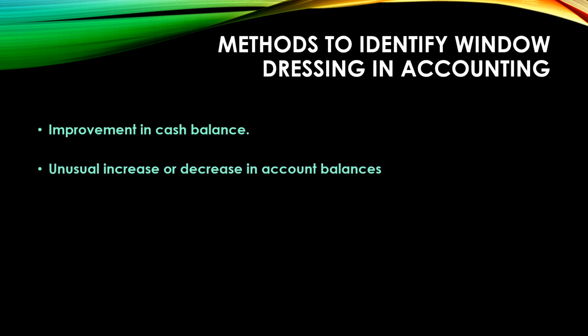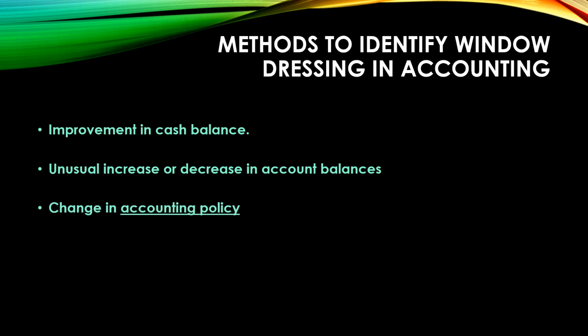At the same time, they can identify if there is any unusual increase or decrease in any of the account balances and the effect of the same in the financials in previous years or prospective years.